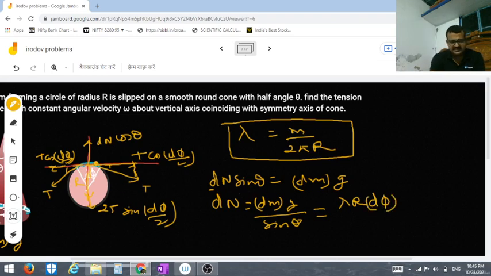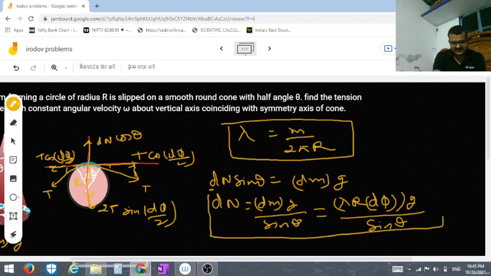R d phi will be the length, because you know radius into angle is arc length, that's why lambda into r d phi will be the dm, and simply g here and divided by sin theta. This is the value of dN. Let it be equation number 1.